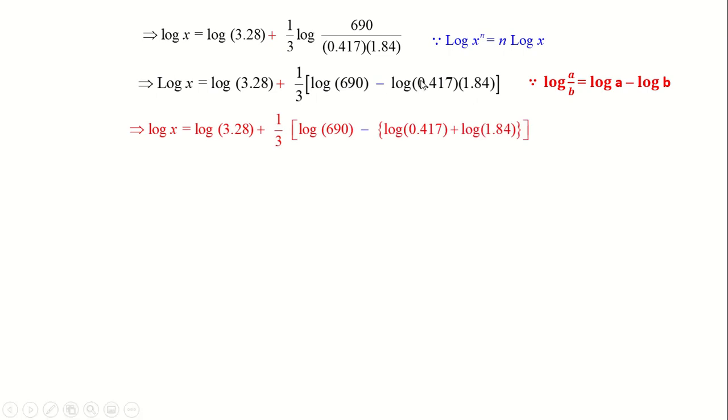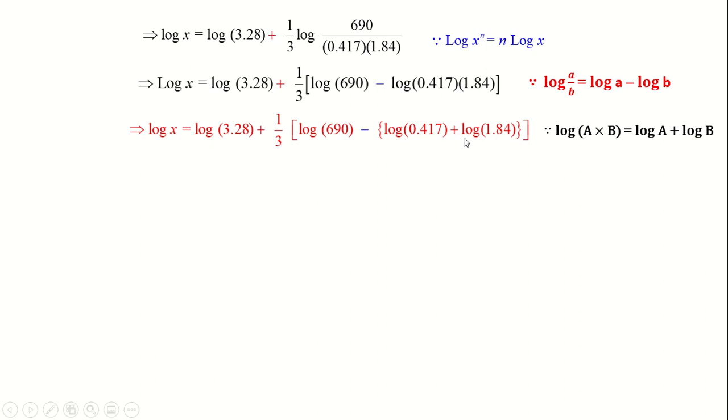Again, this is product of two quantities in single log will be separated by writing their separate log in addition. Following this law again, remember that this minus sign is there before this logarithm. So it must be written separately, and the two logarithms in the summation form must be written in a separate pair of braces.